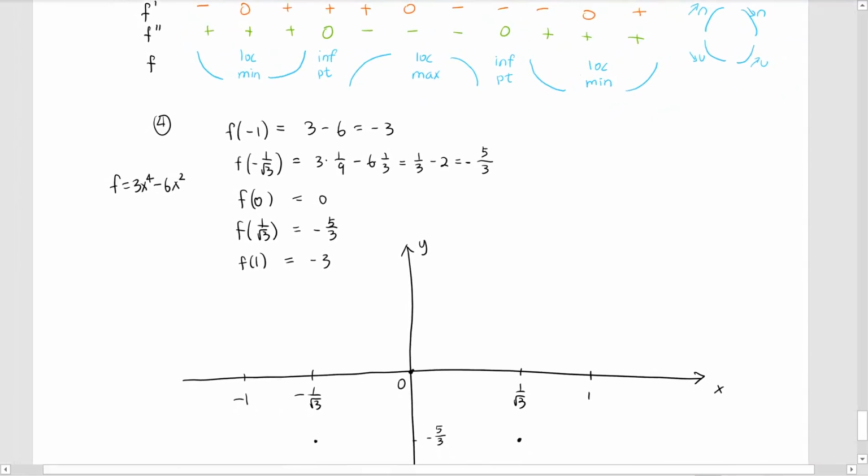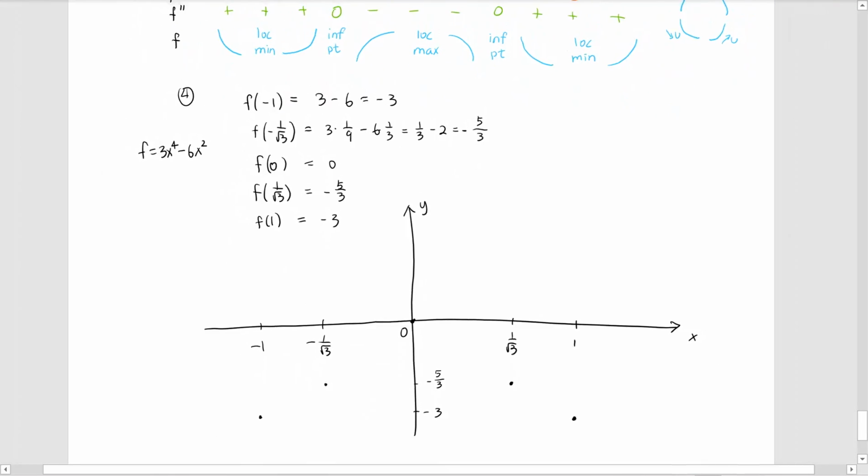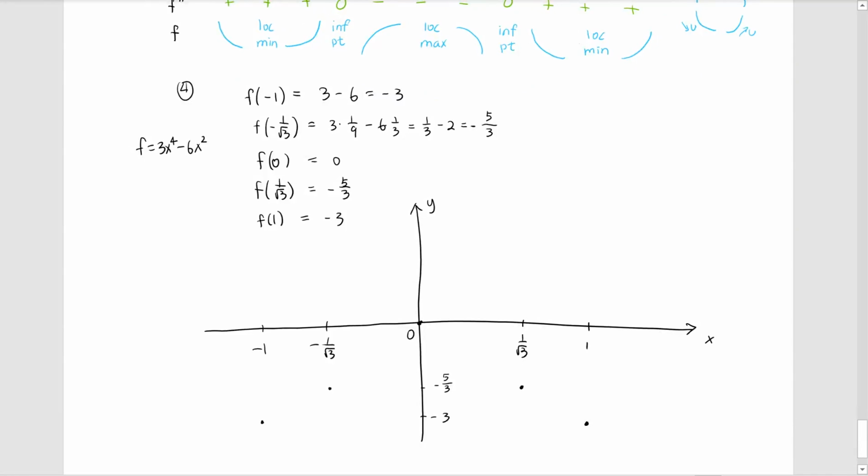Let's look at the shape. The first shape we have is going down, so we connect these points using the shape. When we connect them, don't draw a straight line. Let me draw it better. Then connect this one, we have this shape, and connect those two, we have this shape.